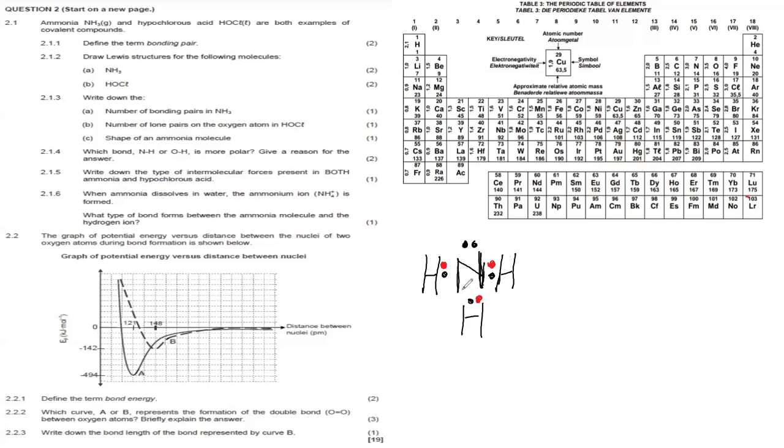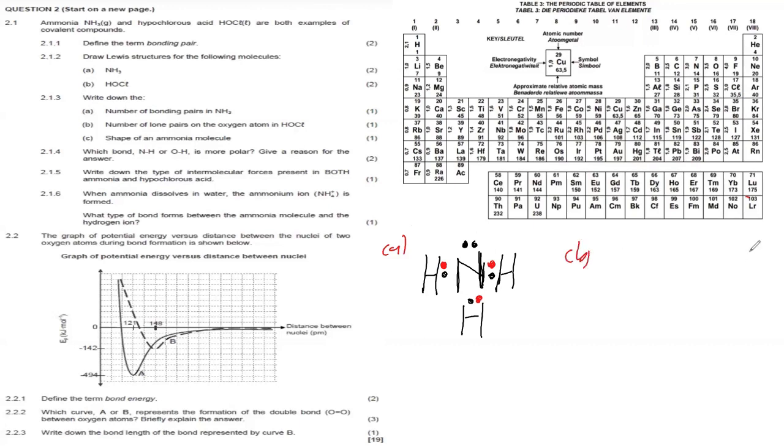In order to establish a bonding pair, 1 electron must come from one atom, and another electron must come from the other atom, unless we are forming a dative covalent bond. That's where you have 2 electrons coming from only 1 atom. Right. So this was for A.